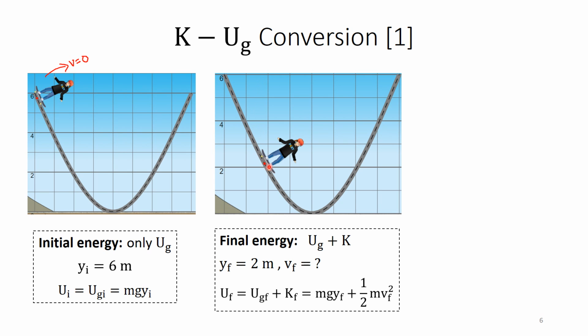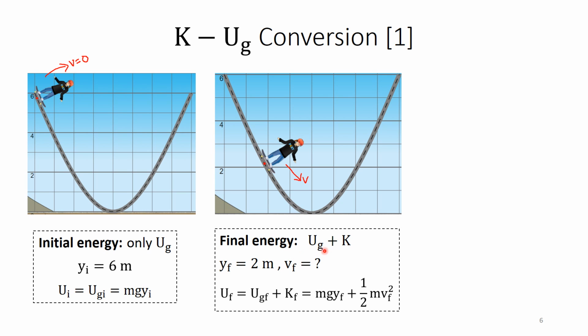Then let's look at the second snapshot, the final state. Here, the skater is moving. He has some velocity going roughly downwards. So now the skater has kinetic energy, and he still has some gravitational potential energy because he hasn't reached the bottom yet.